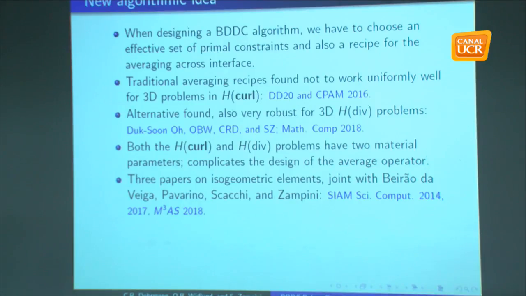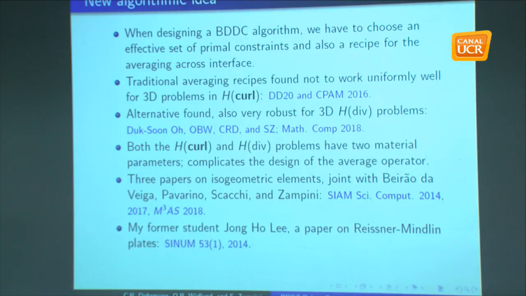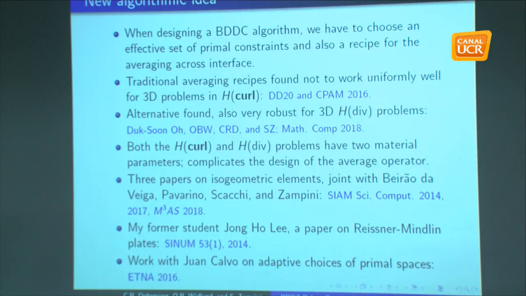There are also now 3 papers on isogeometric elements together with 4 Italian people, excellent people, and they have appeared. And this paper about elasticity is about to appear. Also there are very strong results by Andres Leminden, a former student of mine, another Korean student.